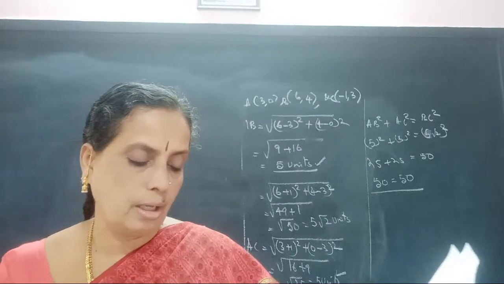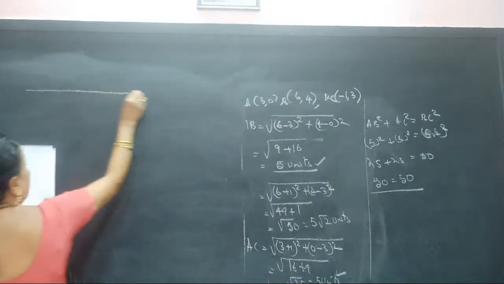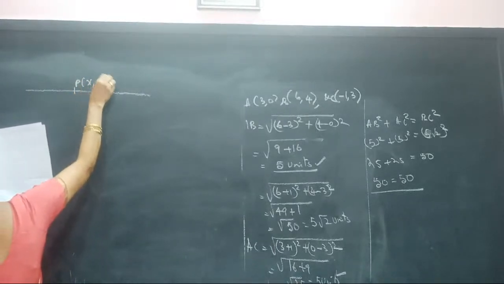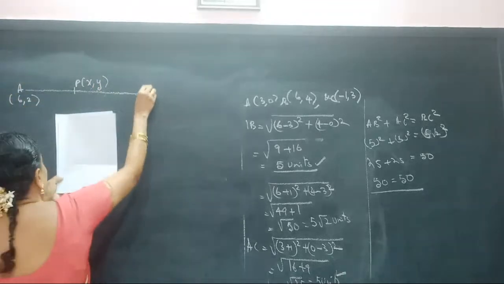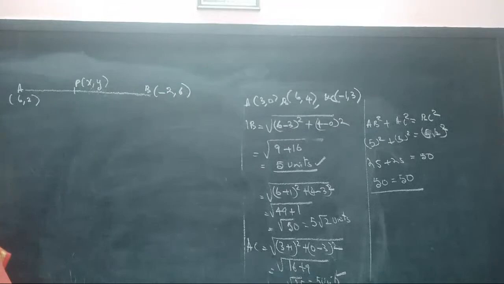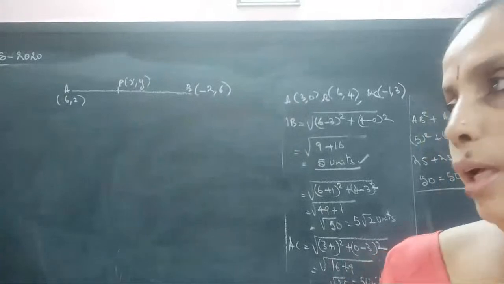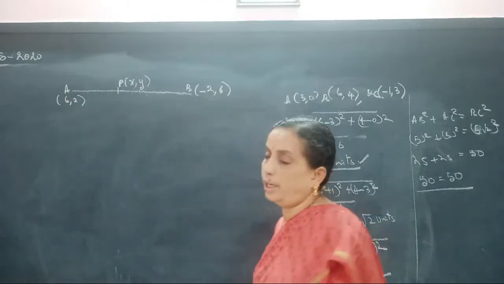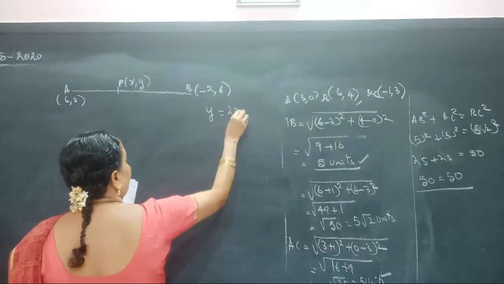Again, the next question is, if the distance of P (x, y) from A (6, 2) and from B (minus 2, 6) are equal, that is, instead of saying they are equidistant from the point, they have given: if point P is equidistant from A and B, show that y is equal to 2x.